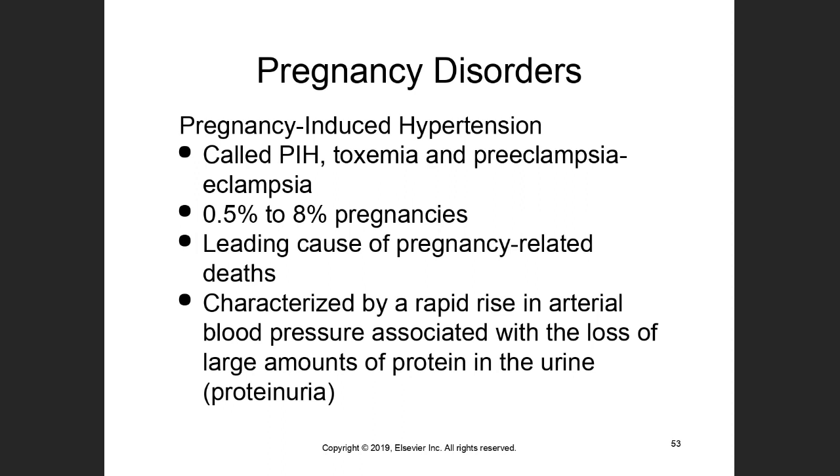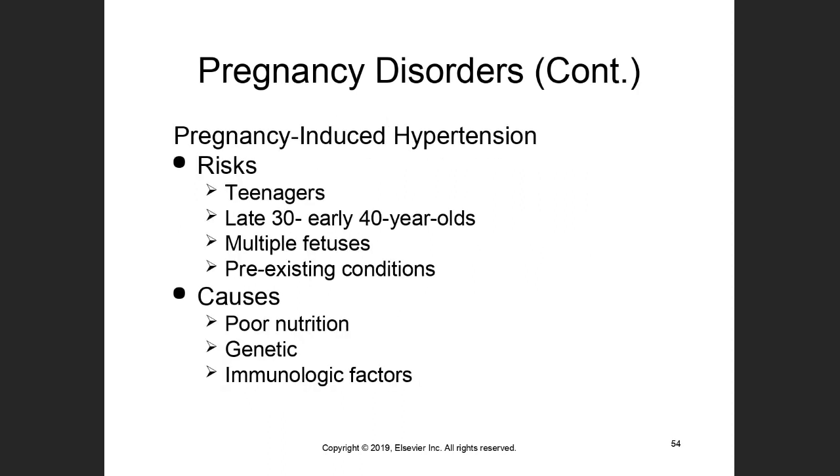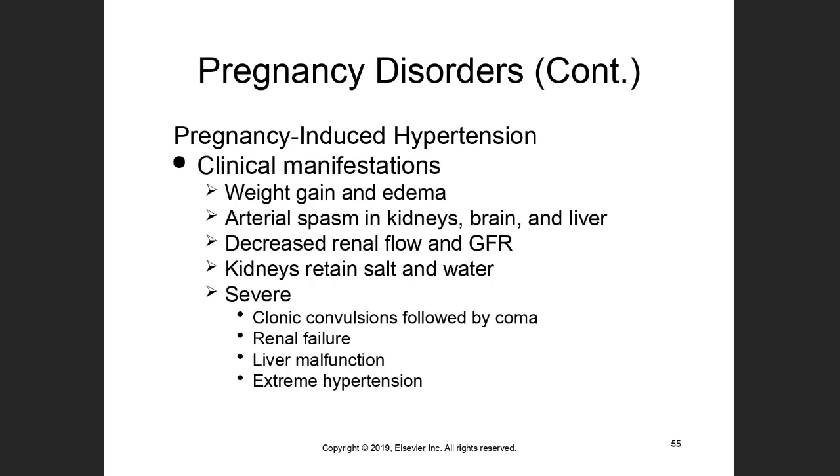Risk factors: teenagers, women late in their 30s or 40s, multiple fetuses, pre-existing conditions. Causes: poor nutrition, genetic and immunologic factors. Clinical manifestations: weight gain, edema.